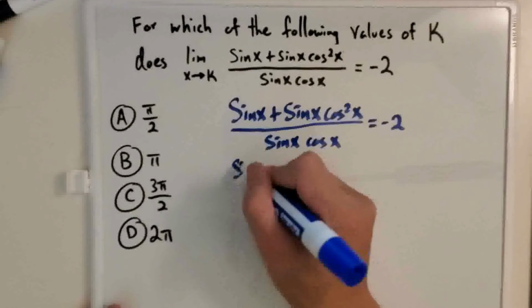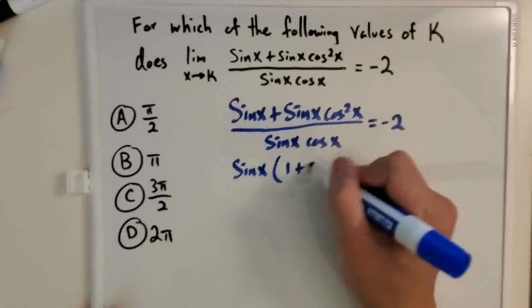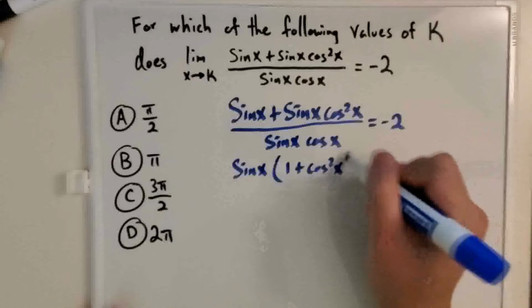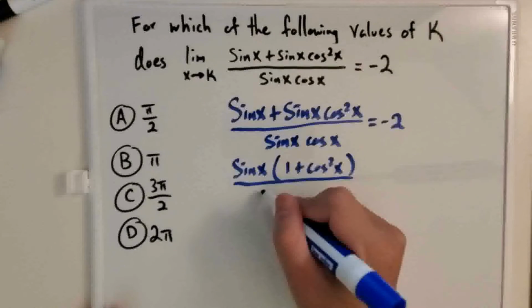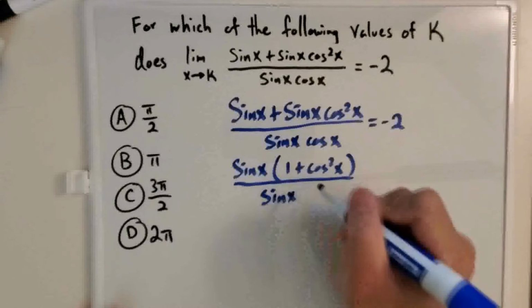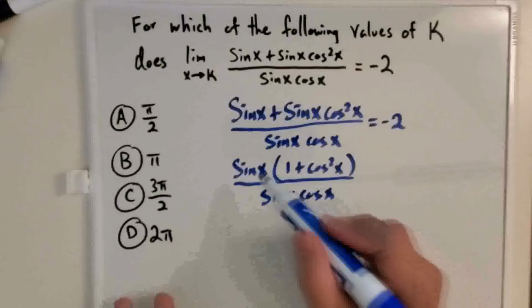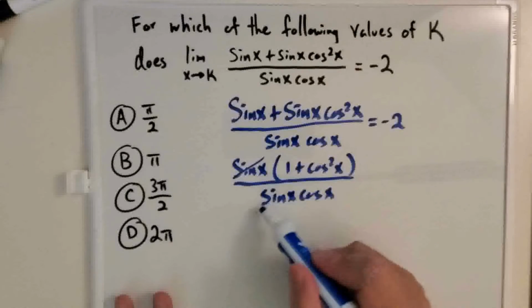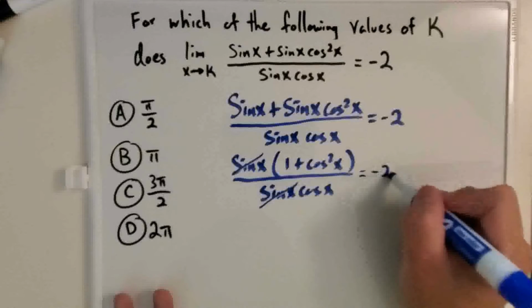So we have sine x times (1 plus cosine squared x), and all of this is over sine x cosine x. Now we can cancel out a sine x. And then this still equals -2.